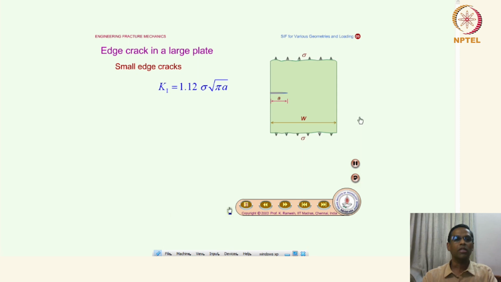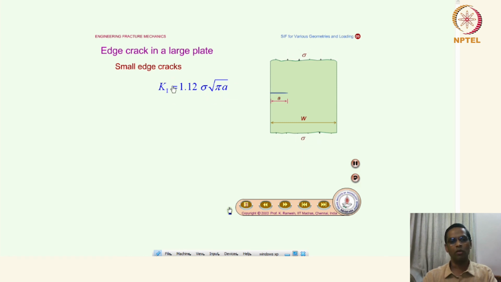So the next one is the edge crack in a large plate. That means this is a finite dimension with W as the width, and initially we looked at the central crack. Now you look at the edge crack with the length a. Half of the total length is 2a, so half of length is a. So the stress intensity factor is given by K1 is equal to 1.12 times sigma into square root of pi a.